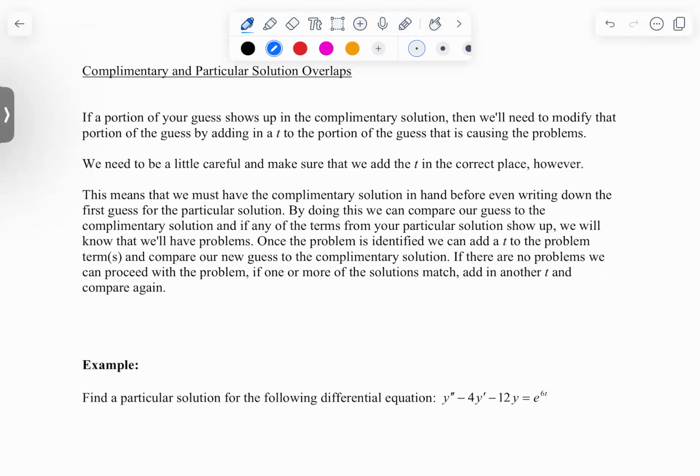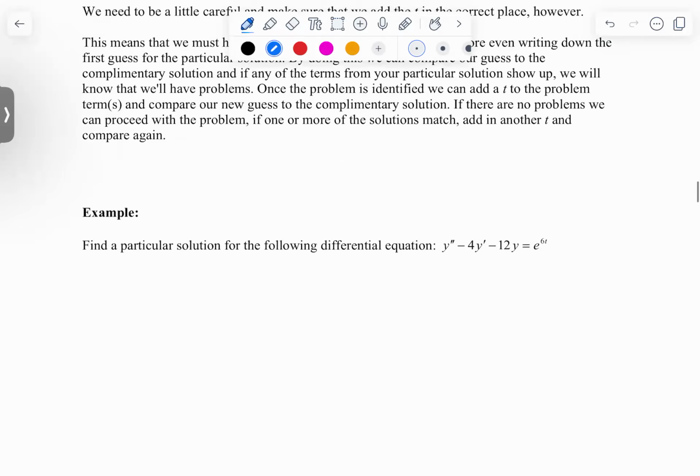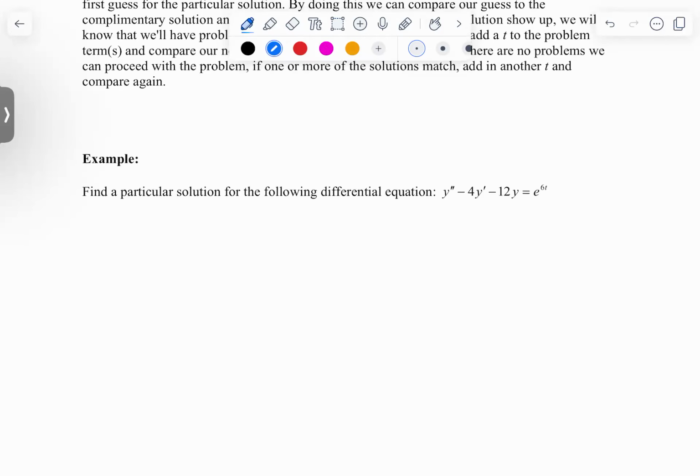When we had a double root, we had to multiply the function by t in order to create two solutions. We're going to have to do that along the same lines here. In those cases we were just looking at the g of t function, and now we need to look at the complementary solution in addition to the g of t function.